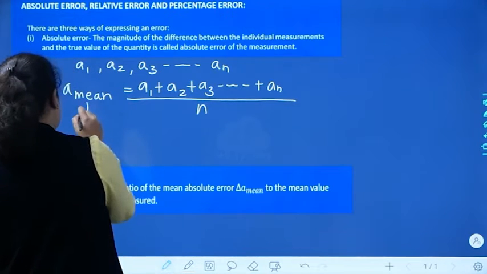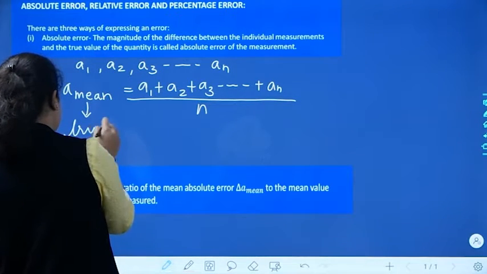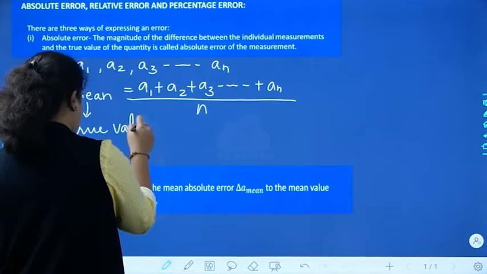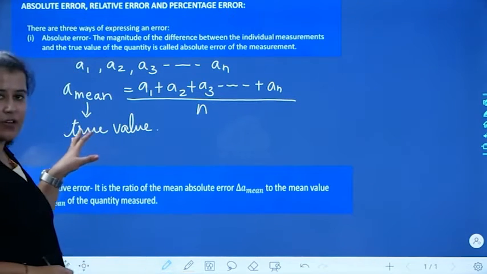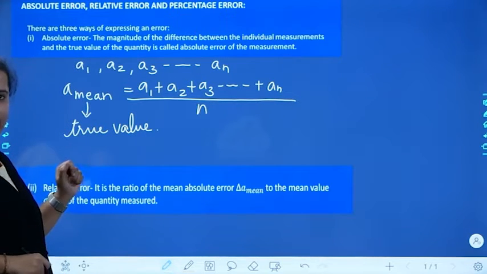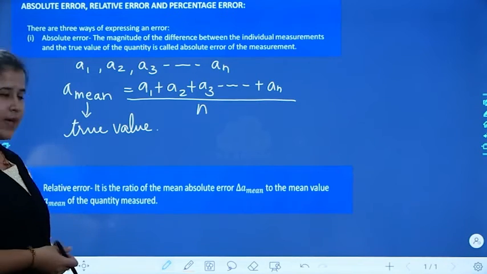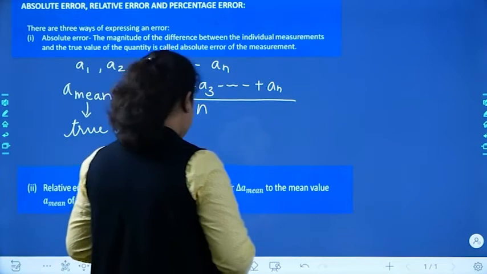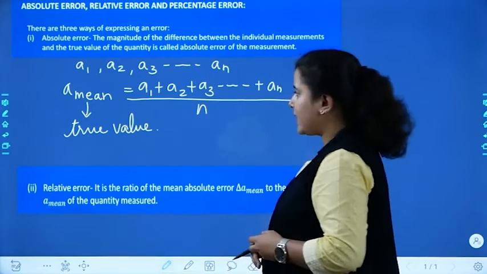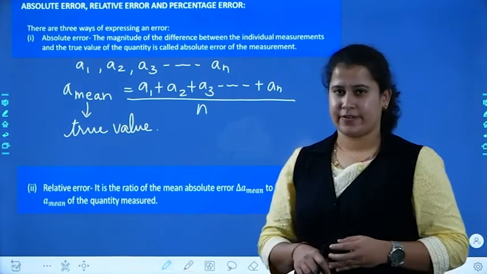You can say this mean value is the true value. The mean value, whatever I am getting, is the true value. Now I have to get the measured value. How do I get the measured value? There is a quantity which we take as the mean absolute error.